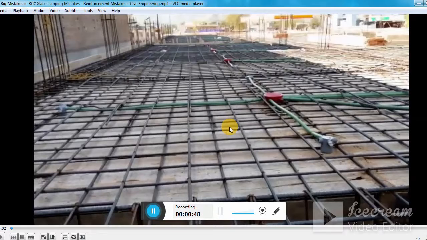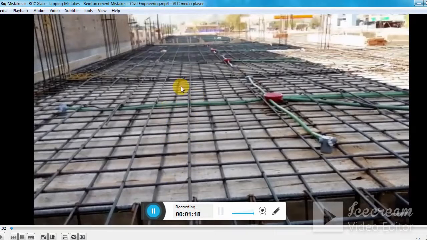Clear? The other thing, which is very important, is that you see the lapping in the mid zone, which I already mentioned in lecture number 2, that you will never allow such kind of lapping. Clear? The other thing is that you see one bar is at the bottom, while the other bar is at the top. Okay. So what does it mean?